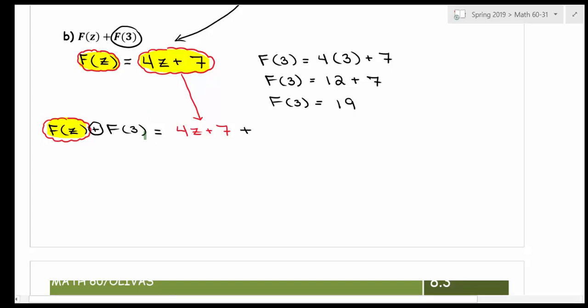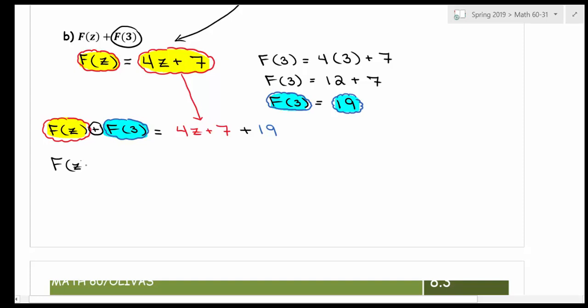Now I'm going to put f of 3. F of 3 is equal to 19, so I'm going to use a blue color to highlight this, and I'm going to write in here 19.